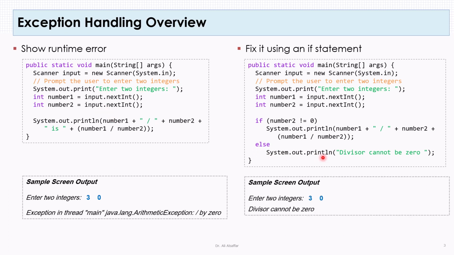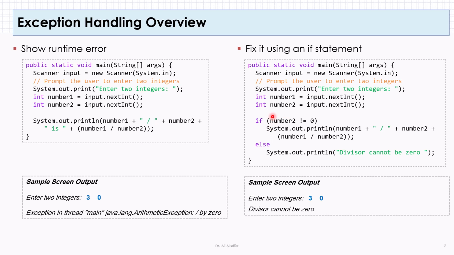Here is a sample input-output. Notice that if the user enters 3 for the first integer and 0 for the second integer, only a message is displayed on the screen, divisor cannot be 0, which is different from the previous version, where an exception occurred and stopped the program. Although using an if statement will fix the error, the code is not clean.